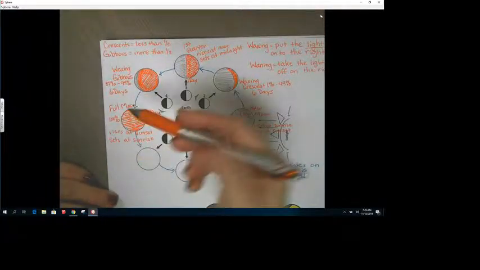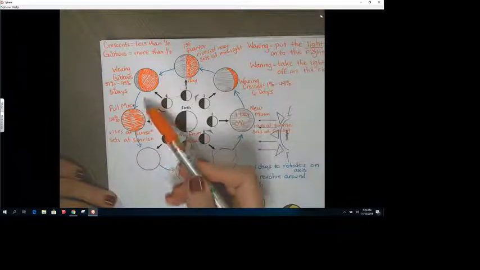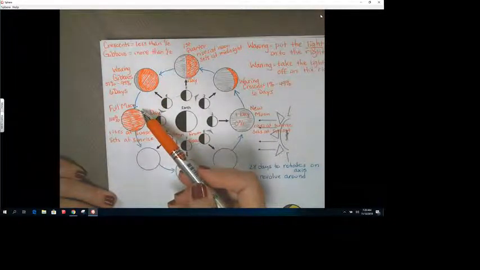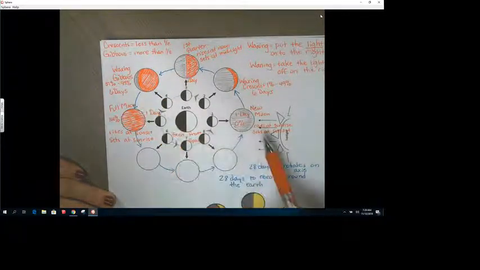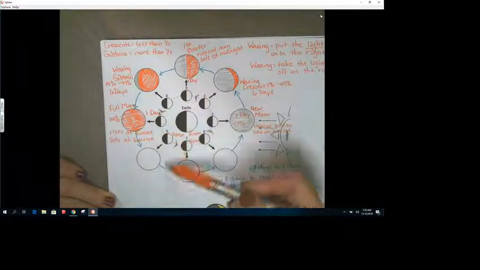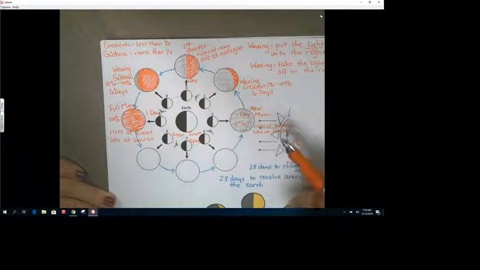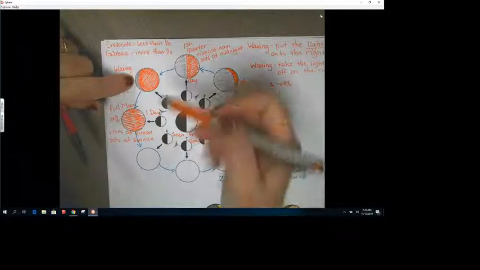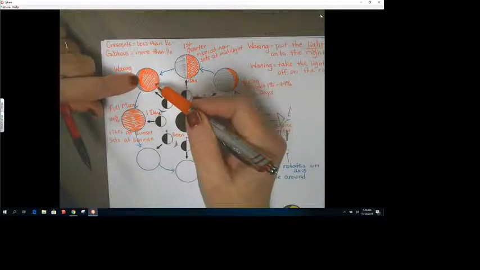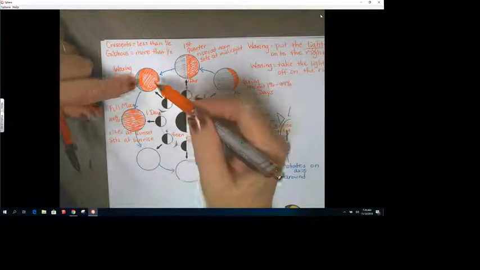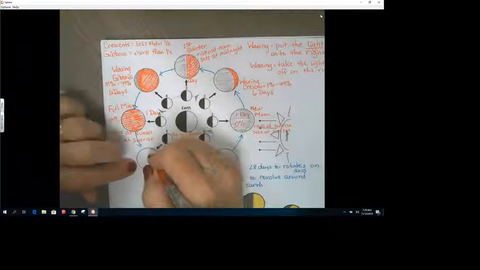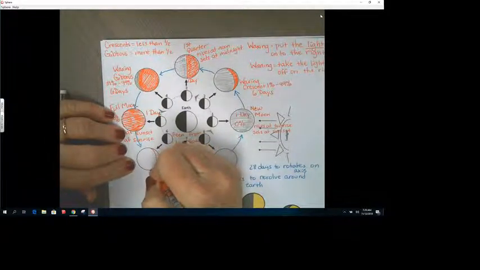All right. If you know your waxing, guys, waning is the opposite. So memorize your waxing, and then you can do your waning without any problem. So if I'm looking at this, and my lit side is here, then that means that my lit side is going to be on the opposite side down here.